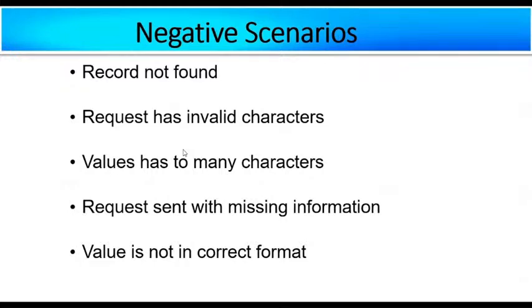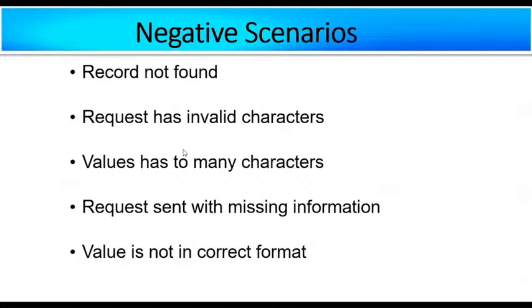And the fourth scenario we have is we are sending an API request with missing information. For example, that particular API request body should contain all the fields. For example, it contains the first name, last name, date of birth. If you are not sending any one of those fields, we will get the bad request error with the 400.